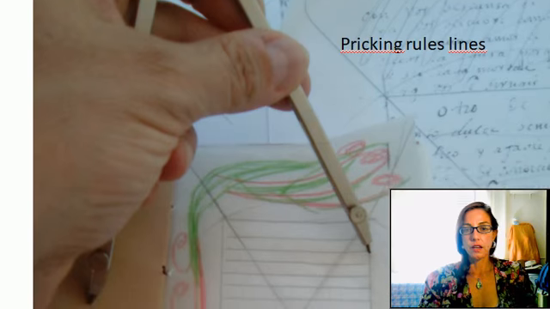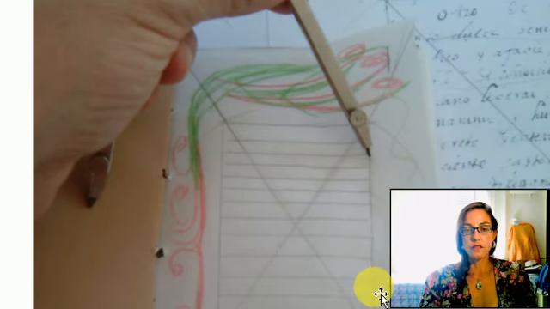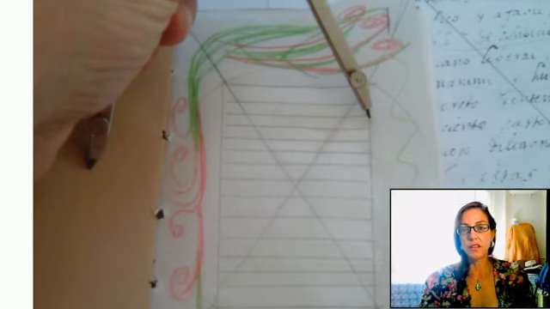Then I found I had some margins in here, and made some drawing with my colors to make it beautiful. I also used the awl, and made some holes in this area to follow the lines of the text. This is the procedure of the pricking with my compass.